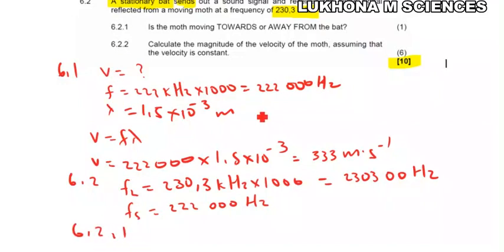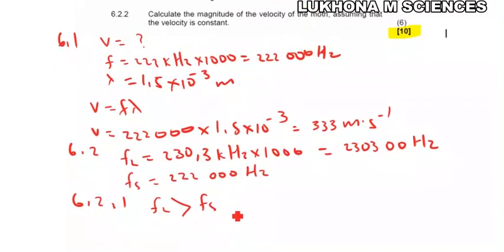Let's go to the question, 6.2.1. The question is: is the moth moving towards or away? Now if you look at this one, fL is greater than fs. So if fL is greater than fs, therefore we say it is moving towards.